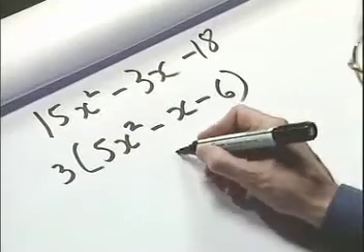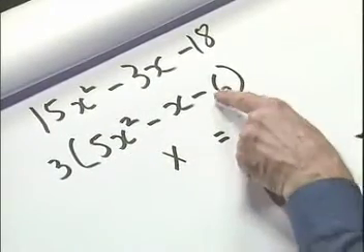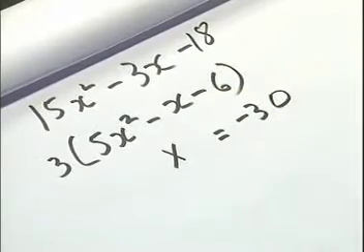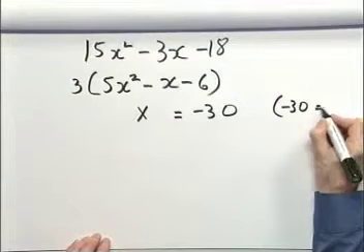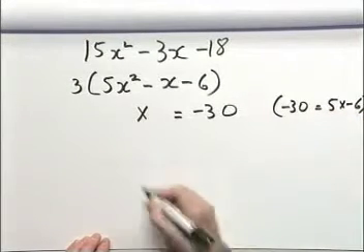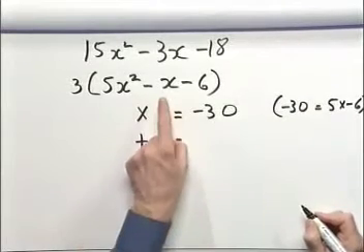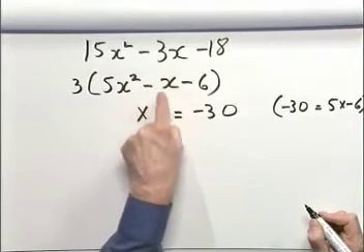And we're looking for two numbers that will multiply together to give us 5 times by minus 6, which is minus 30. And again, I'll just write down where that came from. Minus 30 was 5 times by minus 6. And I'm looking for two numbers that will add together to give me, now here, the number that's multiplying the x is minus 1.